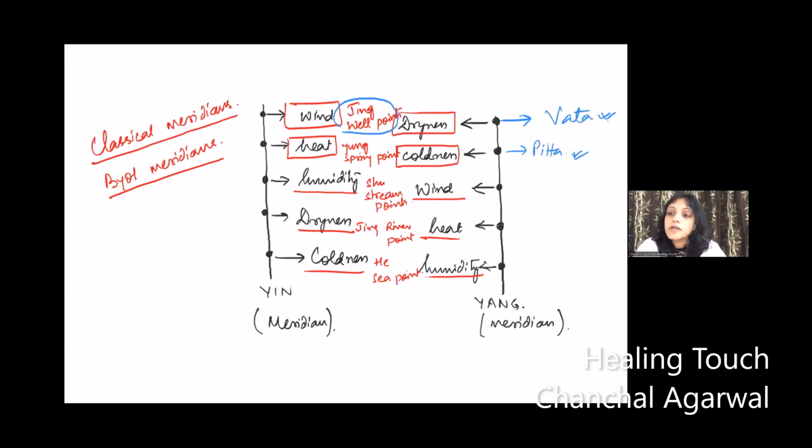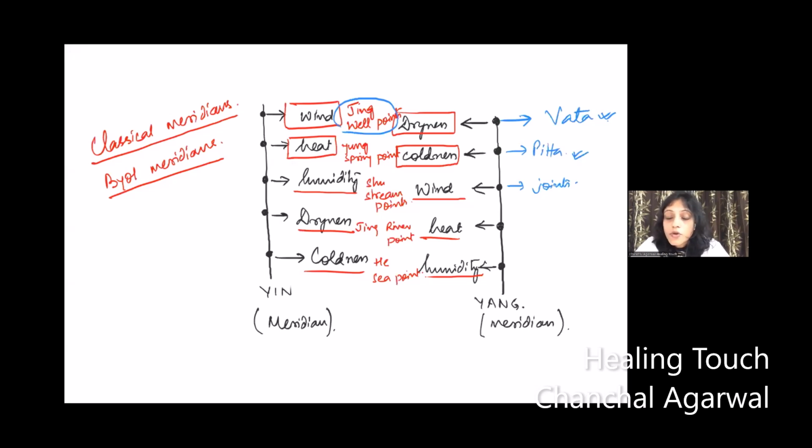Correct? Third point is humidity with wind. What is this humidity with wind? Very good example is all the joints. Why are joints a classical example of humidity with wind? Humidity means lubrication. Earth is what?